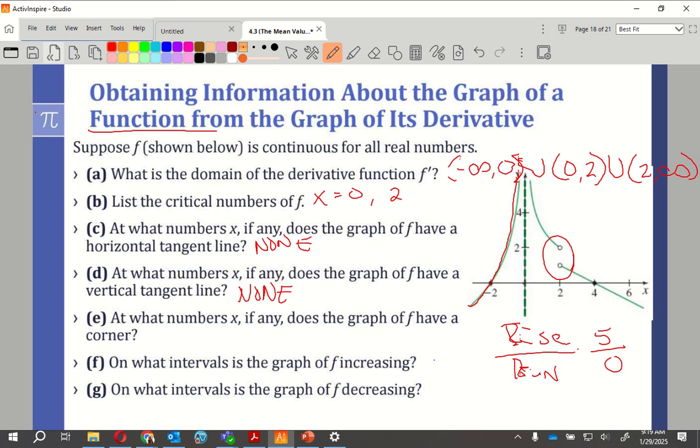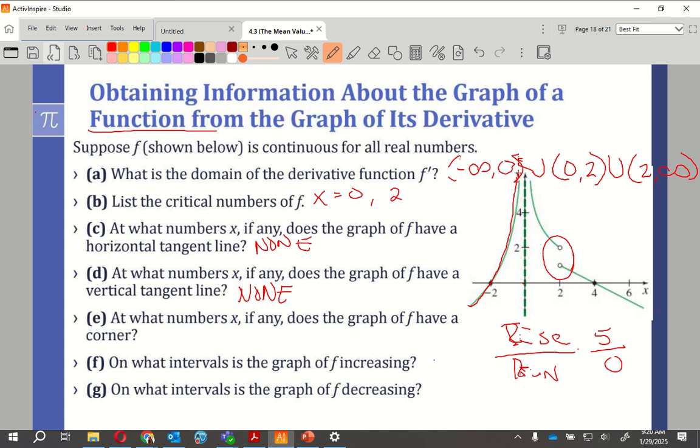But when you're looking at it, you have to really clearly see rise over run. Some of the things we're going to do is try to find a vertical tangent line. And we know with a vertical tangent line, it has to be undefined. Some number divided by 0. That's going to give me my rise over run of undefined.